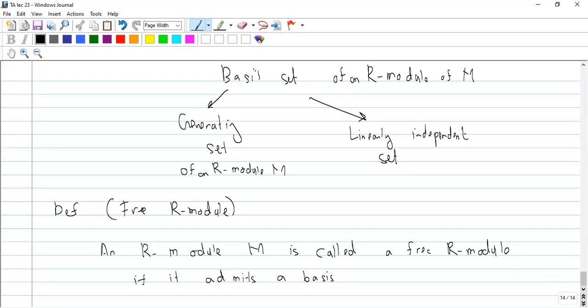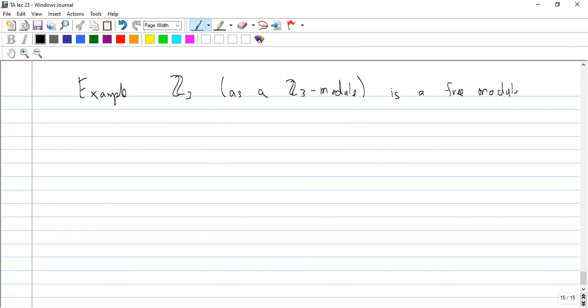So for example, we know that Z3 as a Z3 module is a free module. Why?